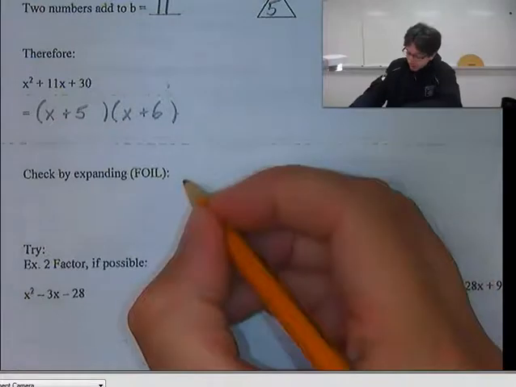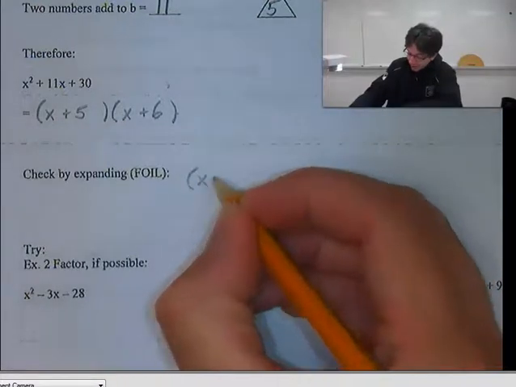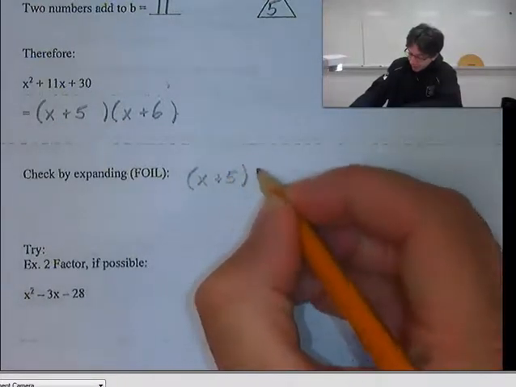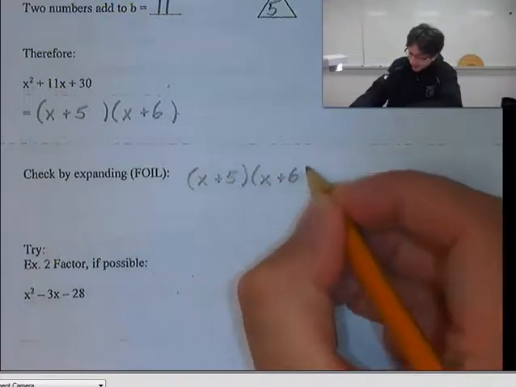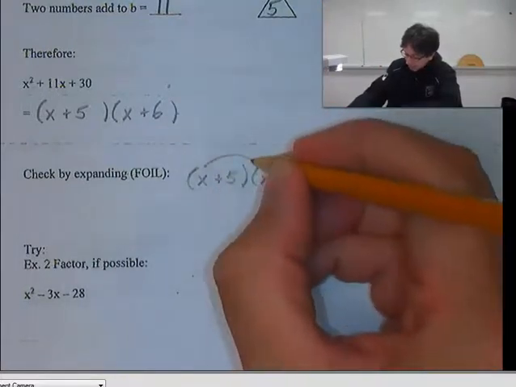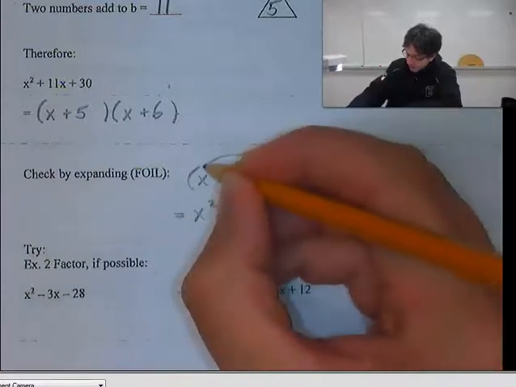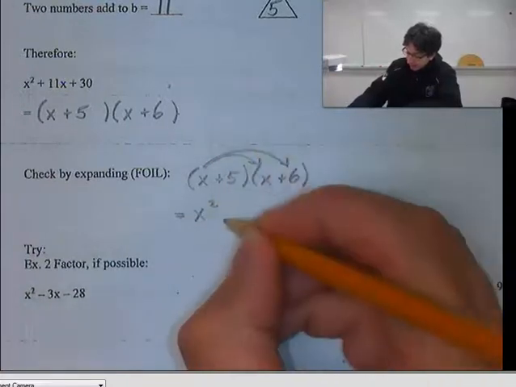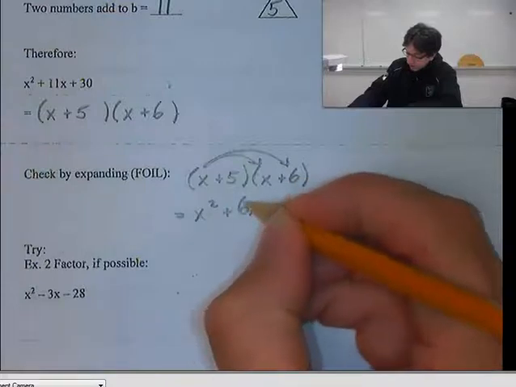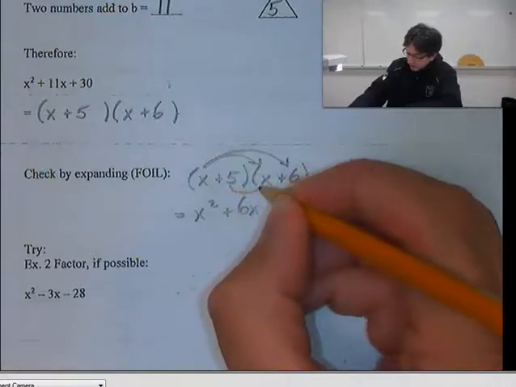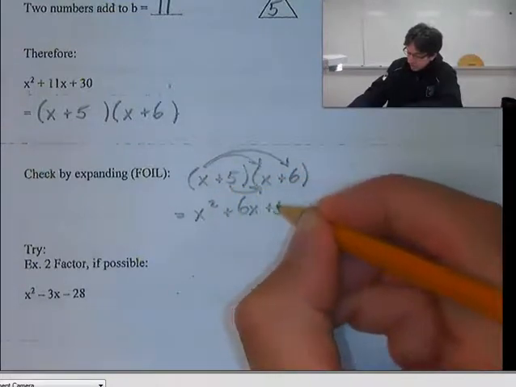So let's double check this. Here we have x plus 5 and x plus 6. Right? If we FOIL, we get x times x, which is x squared. We get x times 6, which is 6x. We get 5 times x, which is 5x.